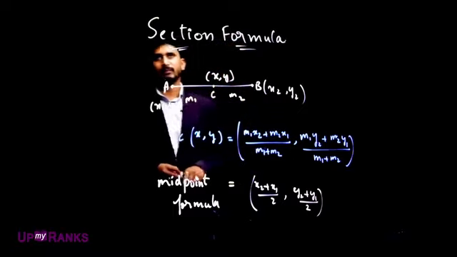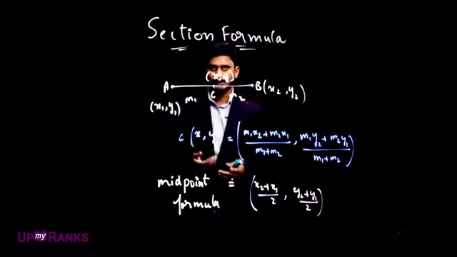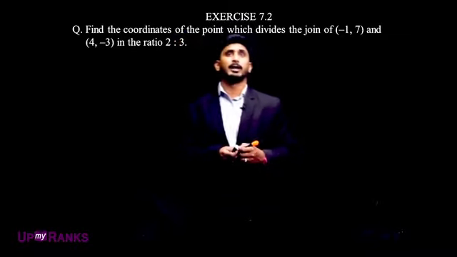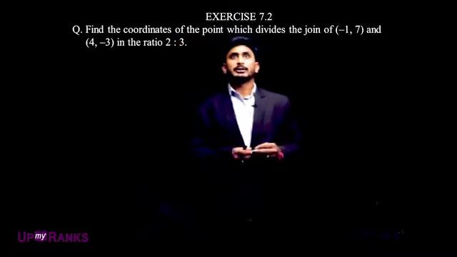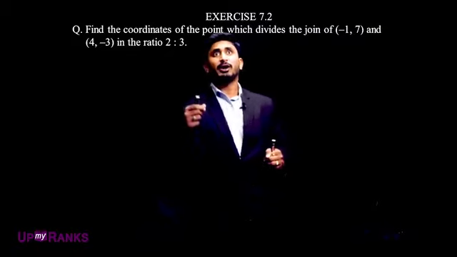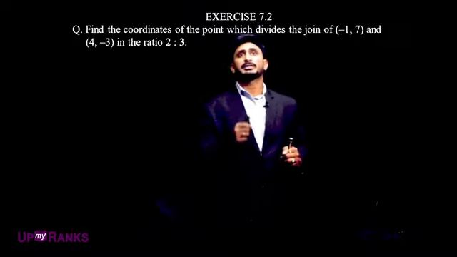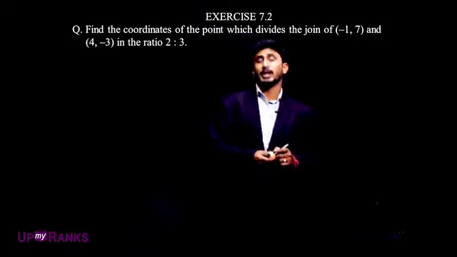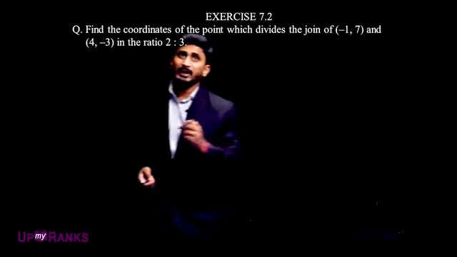So let's do the problems based on this. Here is a question based on the section formula. Find the coordinates of the point which divides the join of (-1, 7) and (4, -3) in the ratio 2:3, which is again very easy.